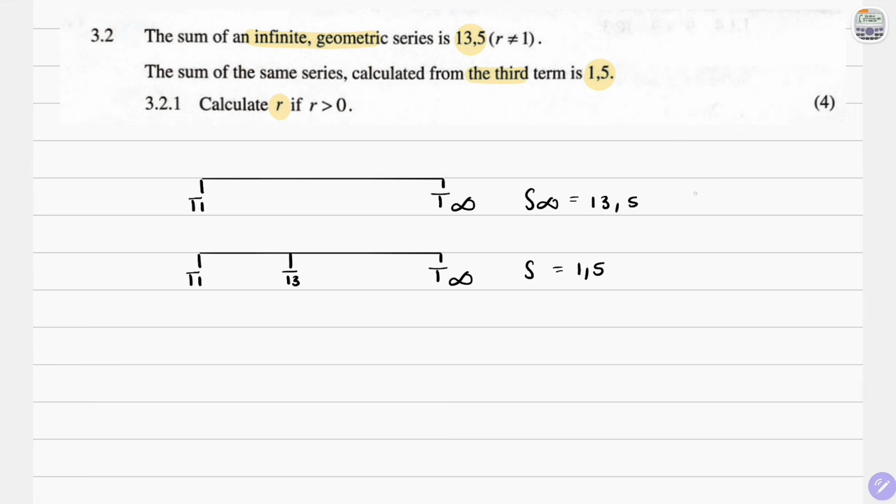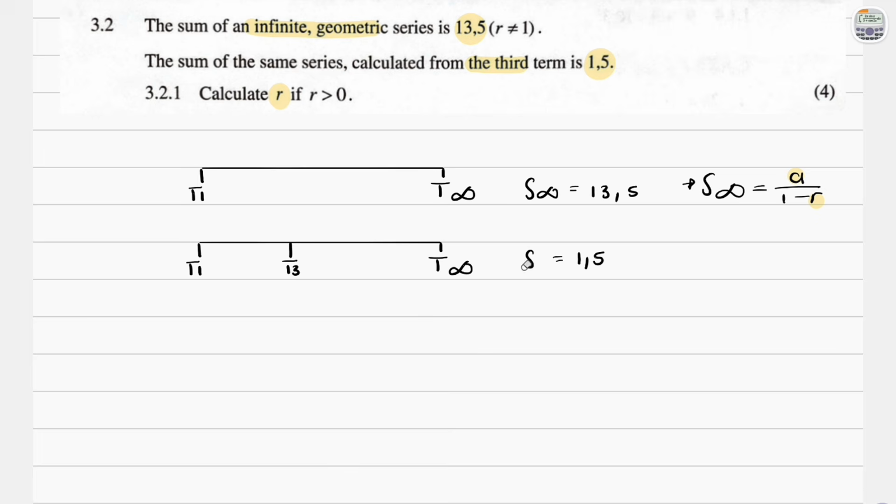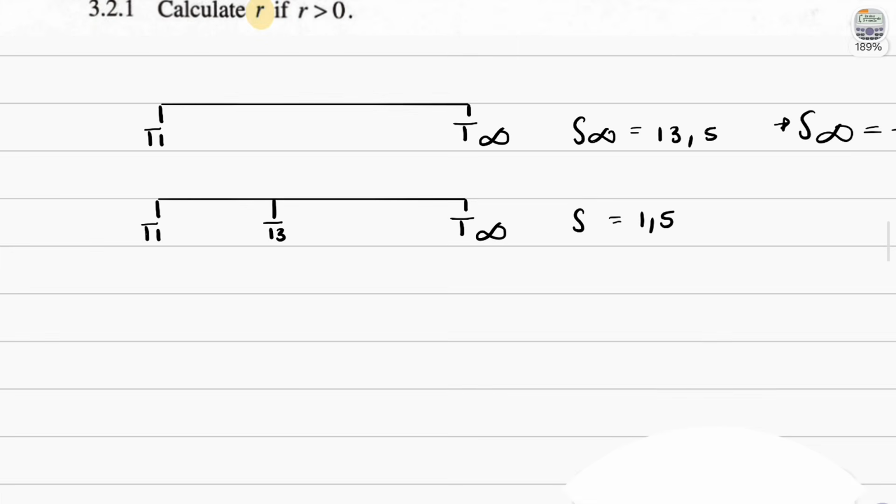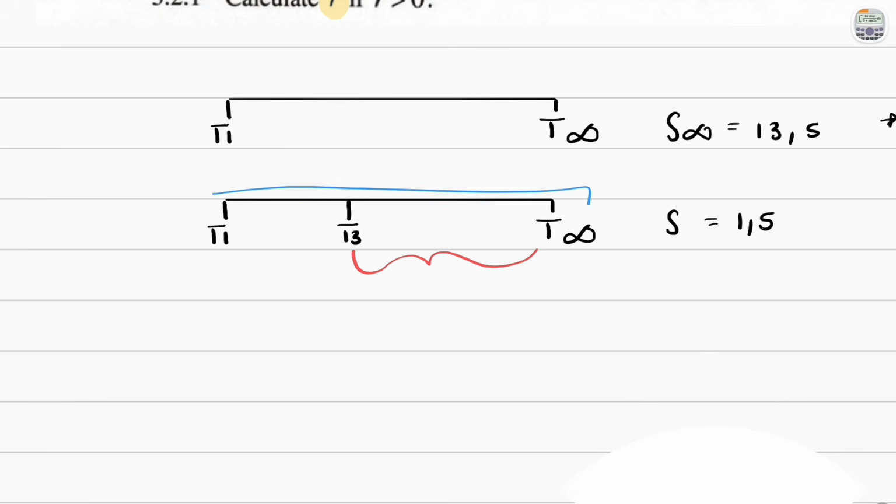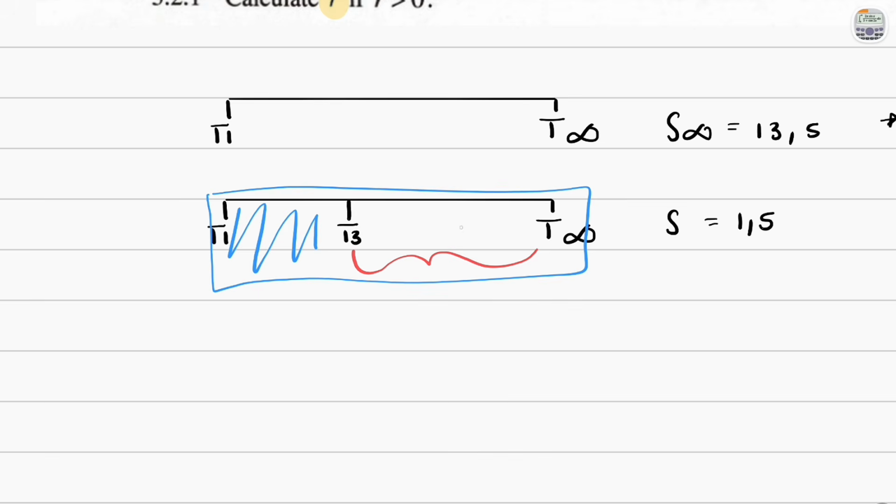So this sum to infinity, we know the formula looks like this. It says a over 1 minus r. So the variables that we'll have are a and r. Now, how can we express the sum that they're referring to? Well, you could say the sum to infinity, this entire section, minus this part, and you're going to get the sum to infinity from term 3 all the way to infinity.